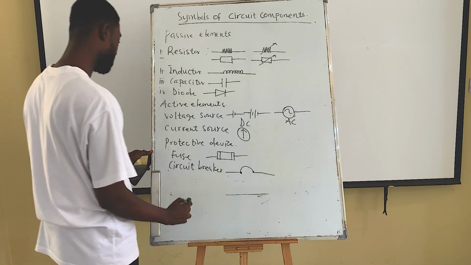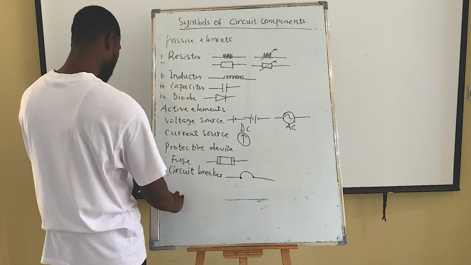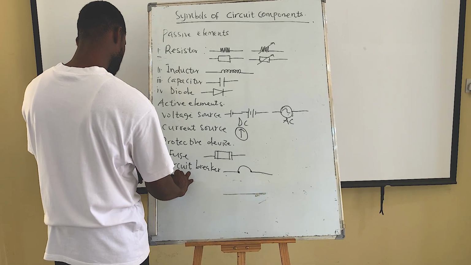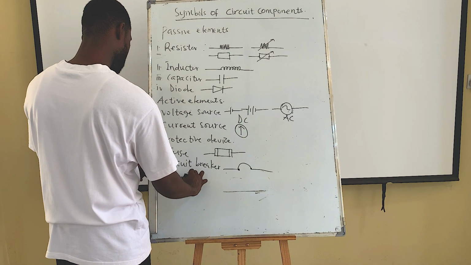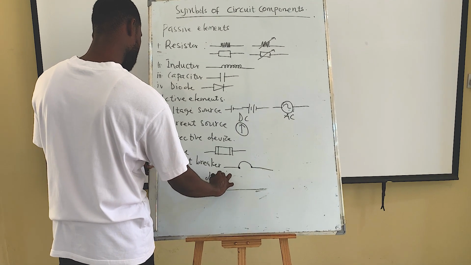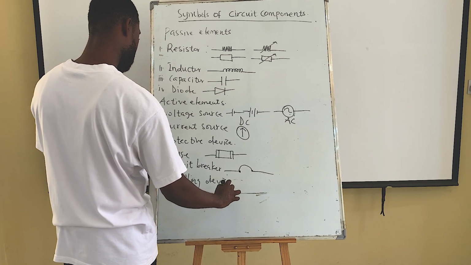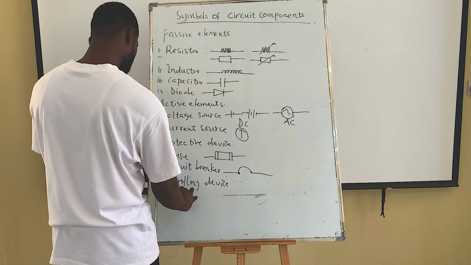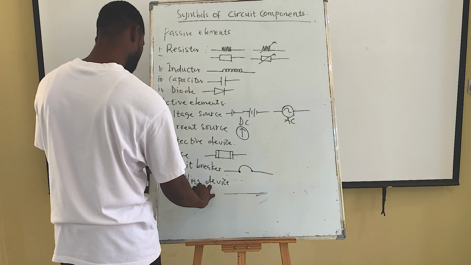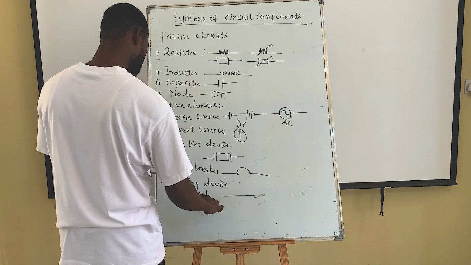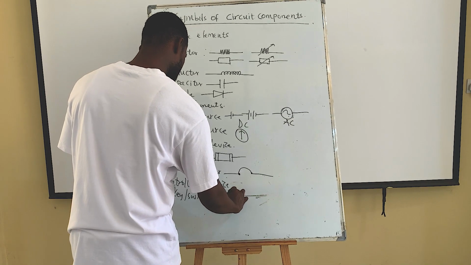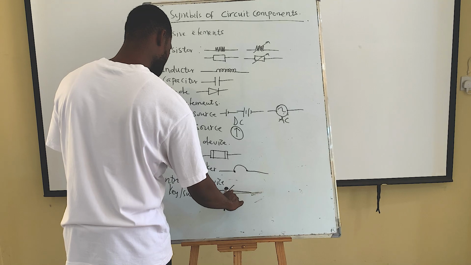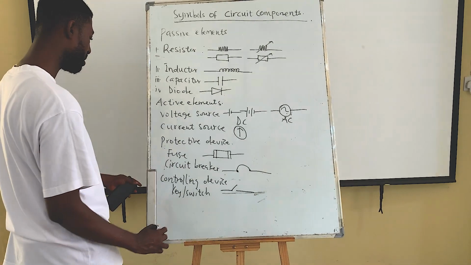You can indicate it like this. Then the controlling devices. You can have the key or switch. And this is how to represent the key or switch, which is to either close or open the circuit.